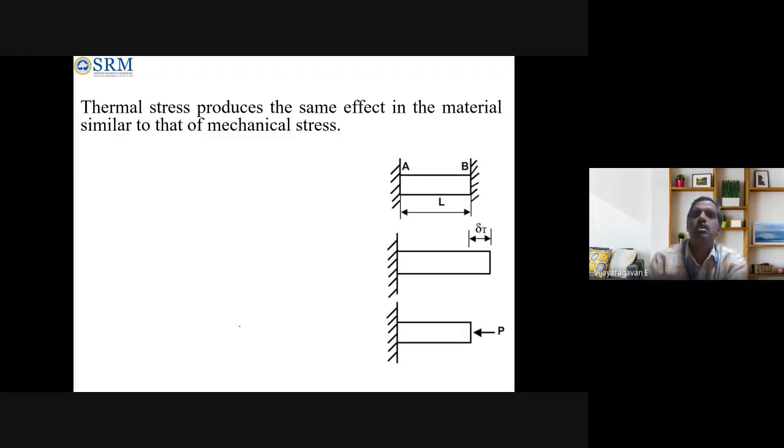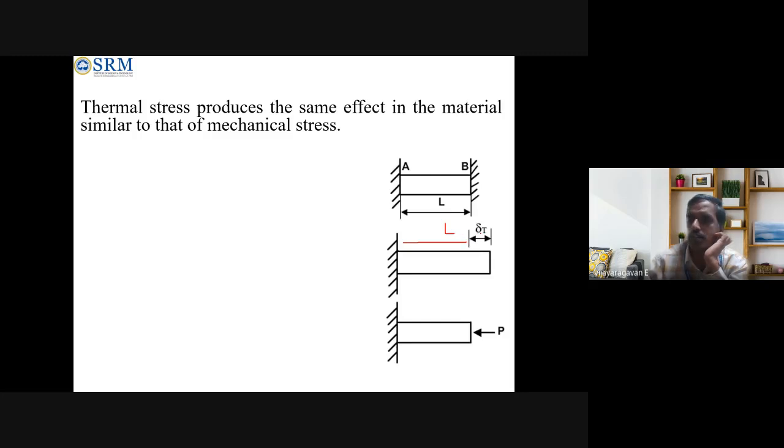So now let us see what is the effect. Let us derive the formula for thermal stresses. Initially we have a member, say of length L. Then it is subjected to some temperature, so it undergoes some expansion. Initially this is L, and after that, due to temperature, it is going to expand.